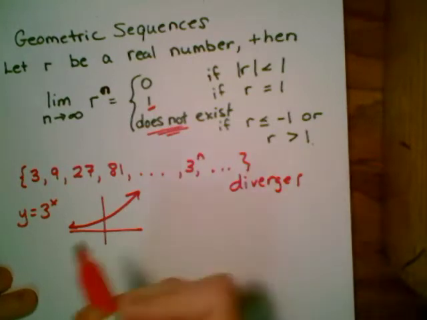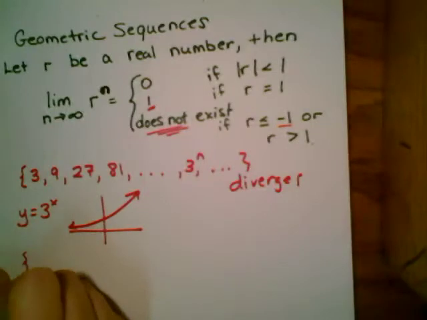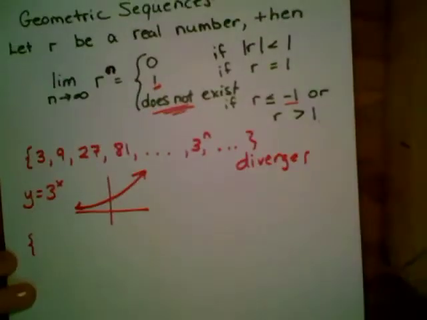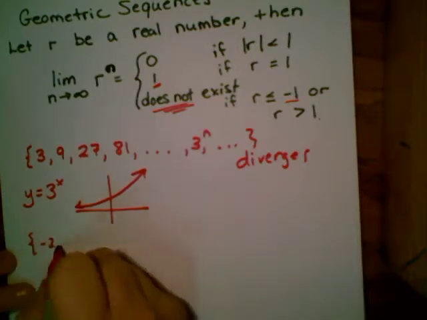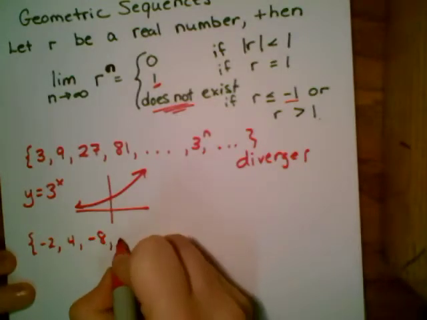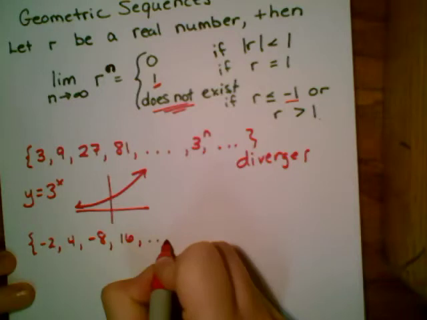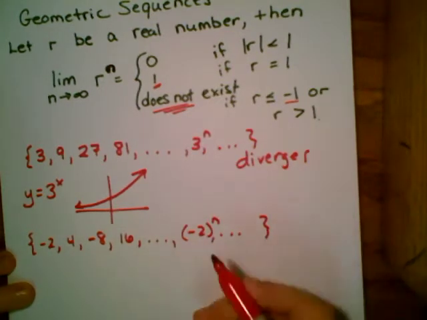Let's go to this next example where R is less than or equal to -1. Let's say -2. So -2 times -2 is positive 4, times -2 is -8, times -2 is 16. We continue on till the nth term.